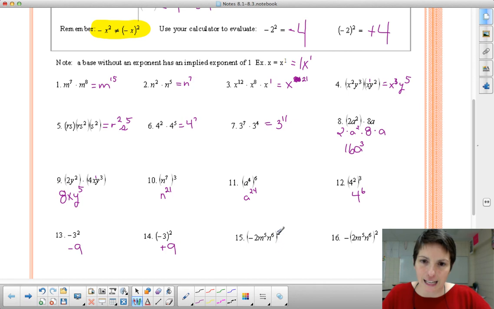Now number 15 is kind of that tricky one. It's the reason that we wrote take every base to the power. So when we look at number 15, we really need to say, okay, negative 2 is what number we're doing here. So we're going to take negative 2 and raise it to the second power. We're going to take m to the 5th, because that's the next base, and we're going to raise that one to the second power. And we're going to take n to the 6th, and we're going to raise that to the second power.